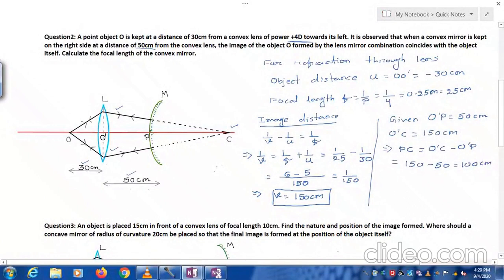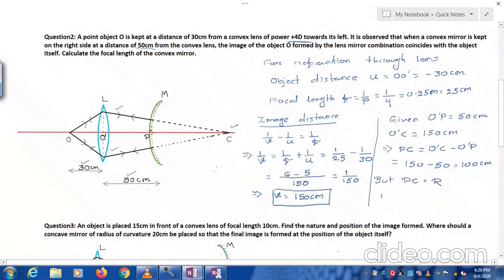But this PC is nothing but the radius of curvature of this convex mirror, because then only the rays will retrace their path, or then only it will be the case of a normal incidence. So PC is equal to the radius of curvature of the mirror.